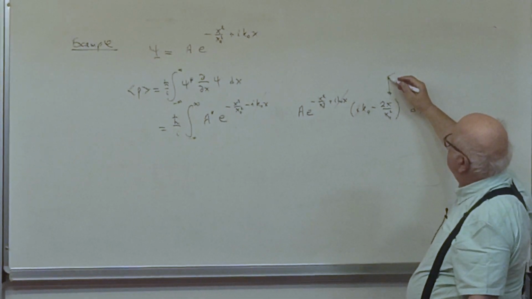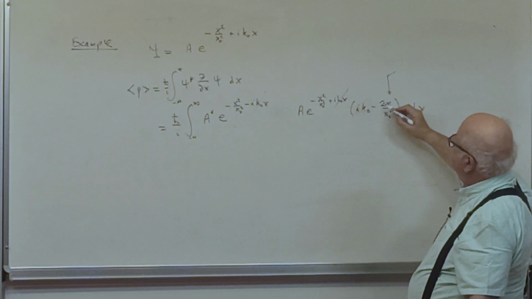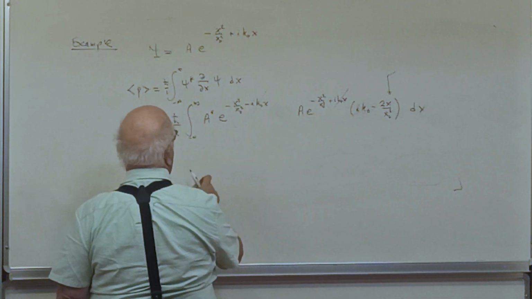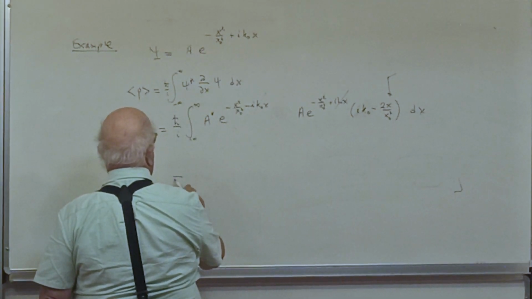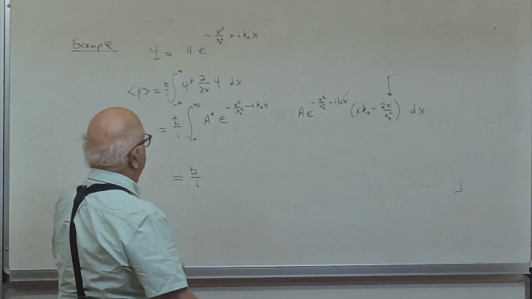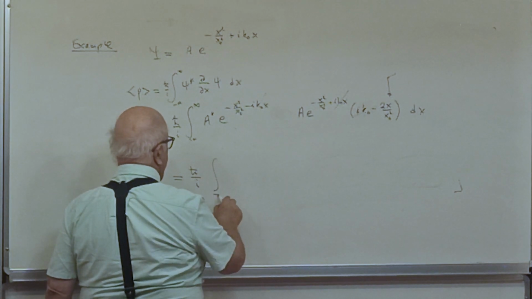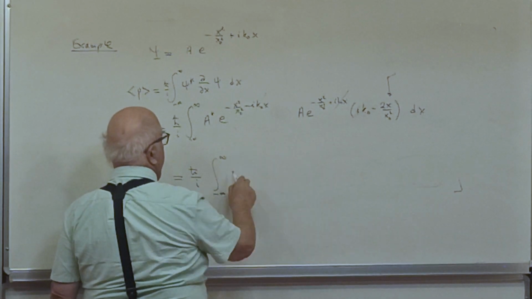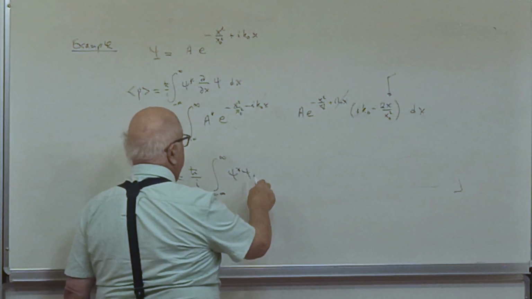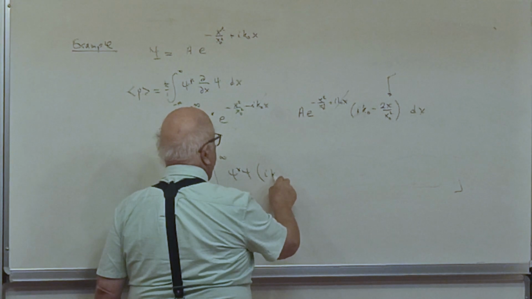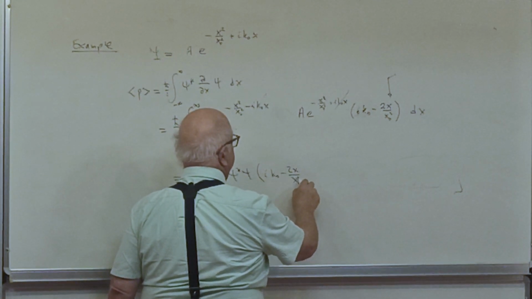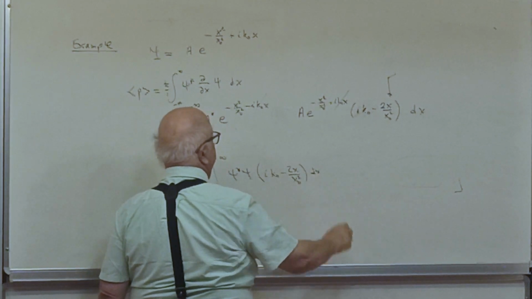So this is going to be h bar over i, integral from minus infinity to infinity, the psi star psi part still there, times i k0 minus 2x over x0 squared dx.